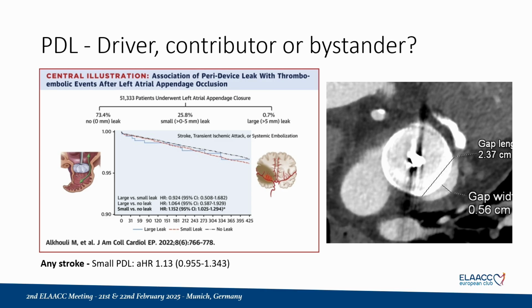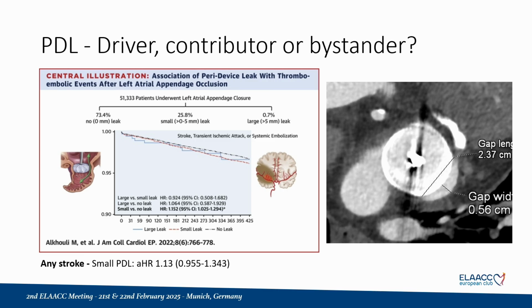We have seen studies like this from the NCDR registry showing an association between leaks and adverse events, stroke, TIA, and systemic embolism. It's a modest association, and my personal opinion, and I might be attacked for this opinion afterwards, is that classifying leaks as 1.5 millimeter or 3 millimeter is too simple.